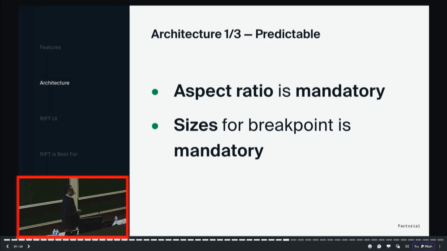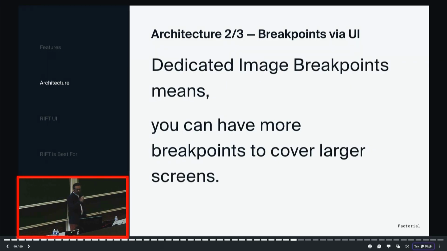The Rift module provides a UI to manage the breakpoints for the images, which means it's a custom implementation. But this also allows you to break away from the dependency on the theme. You are not limited by the 2 or 3 breakpoints defined by the theme. You can introduce many more so that you can optimize the image delivery for larger screens. And dedicated image breakpoints means you can have breakpoints for much larger screens.